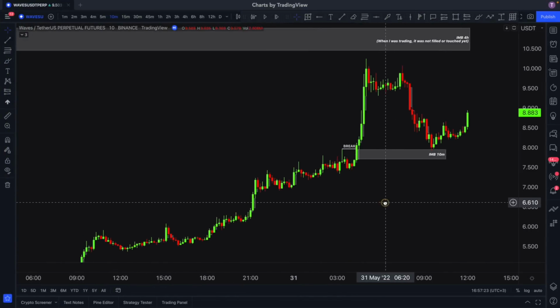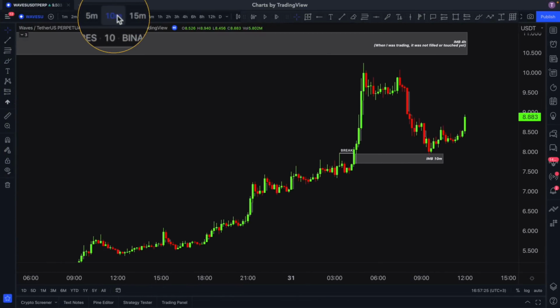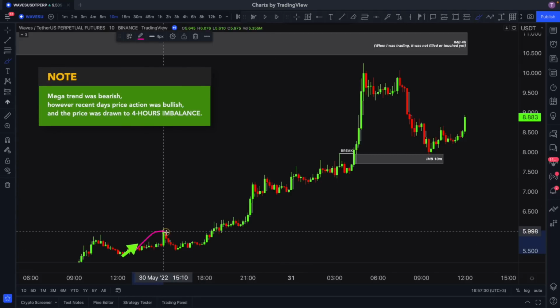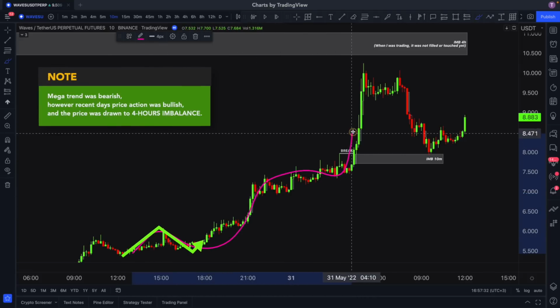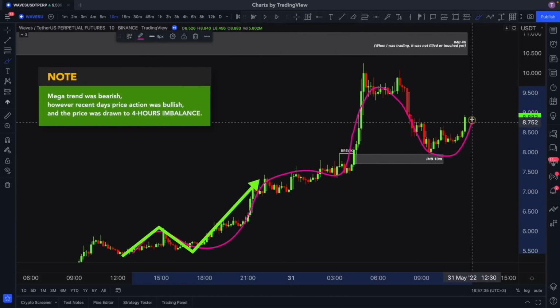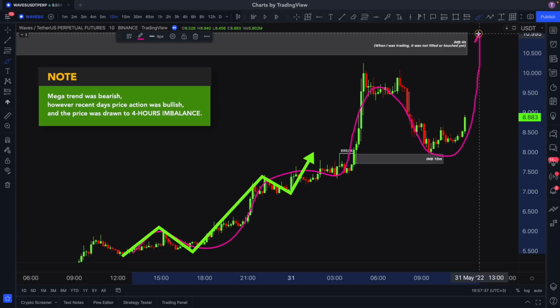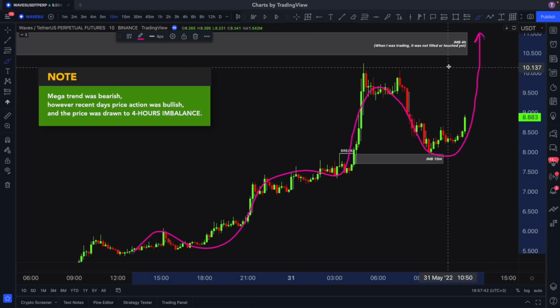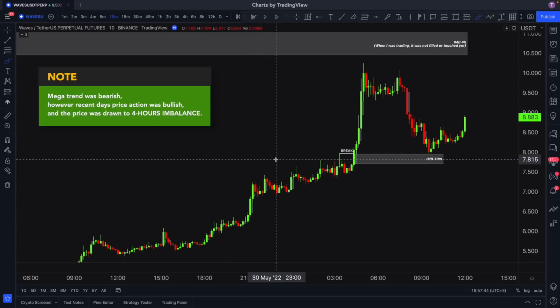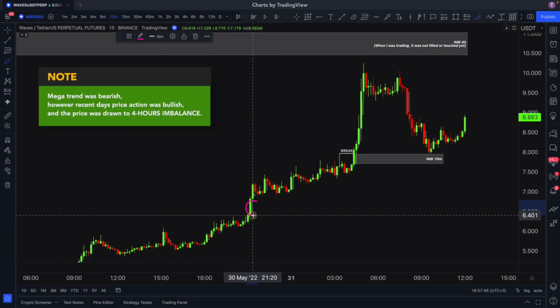Now let's check out the 10 minutes chart. Price was in an obvious uptrend, an extremely strong uptrend, forcing itself to fill the 4 hours imbalance. The imbalance was like a giant magnet pulling the price. You can see that price kept leaving large imbalance areas.